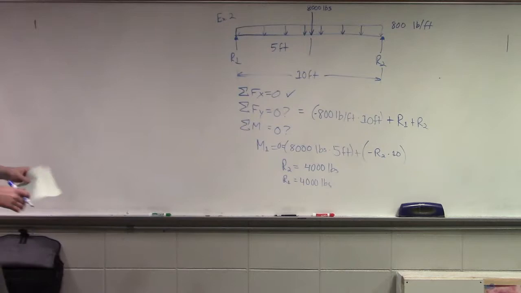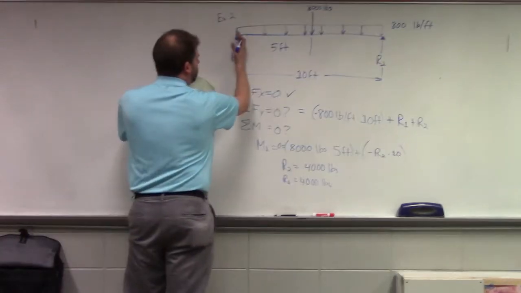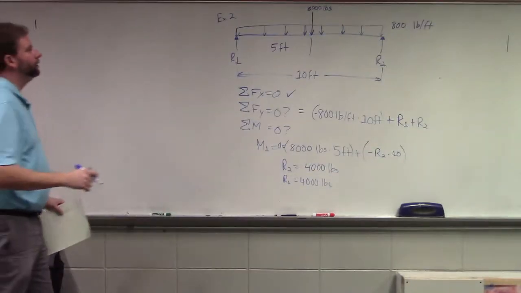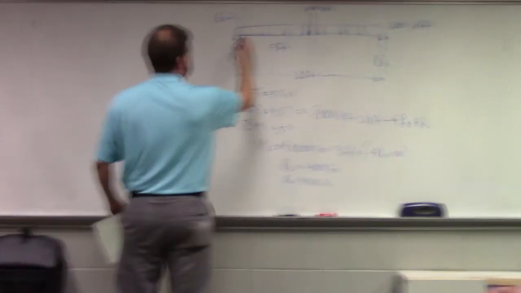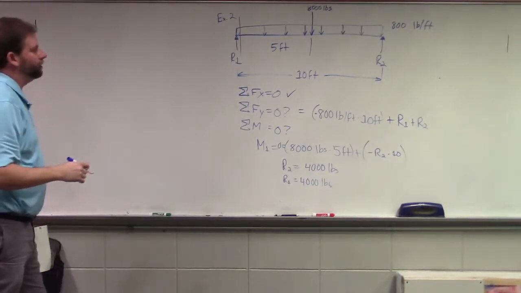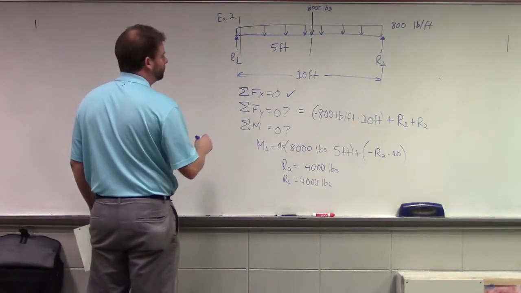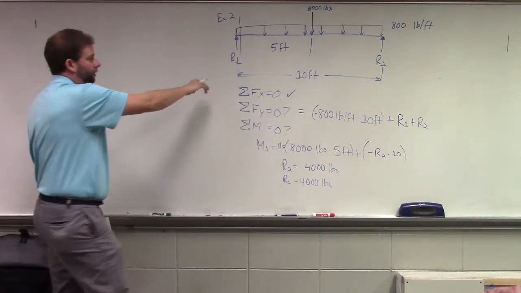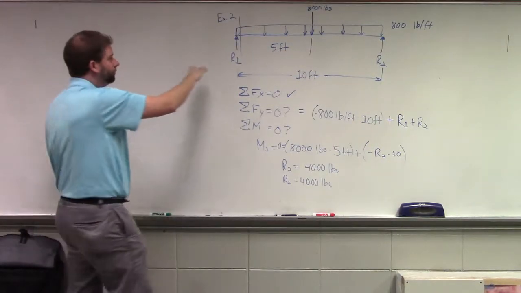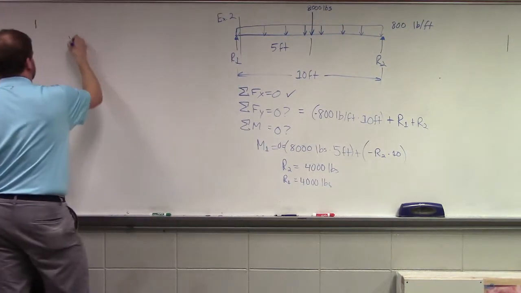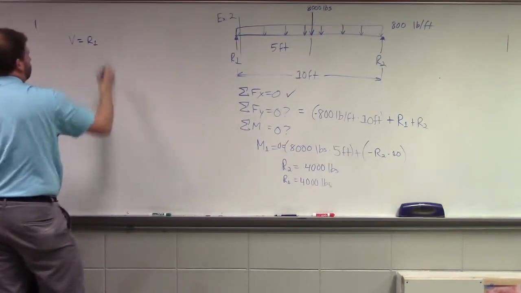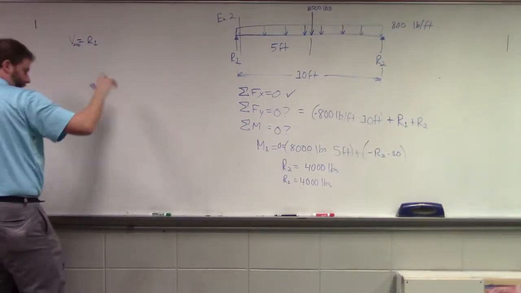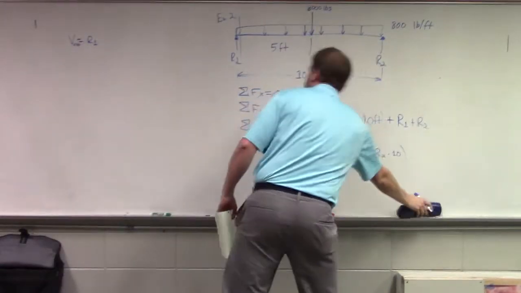If we go just to the right of R1, an infinitely small amount, and we want to look at the forces that are trying to shear there, what do we have? We're looking from the left over. We have R1.